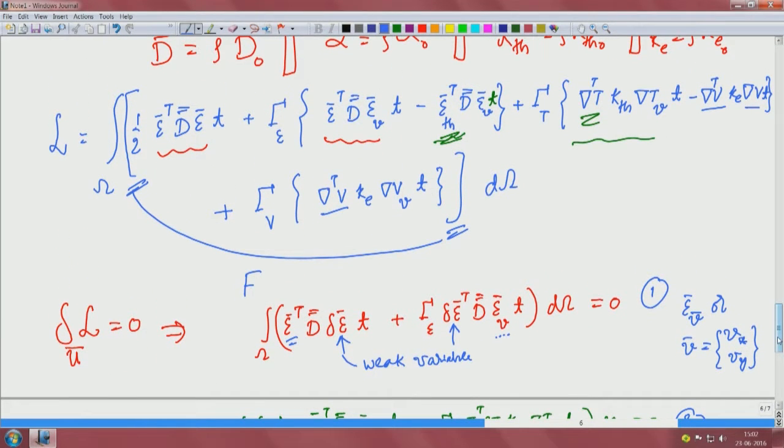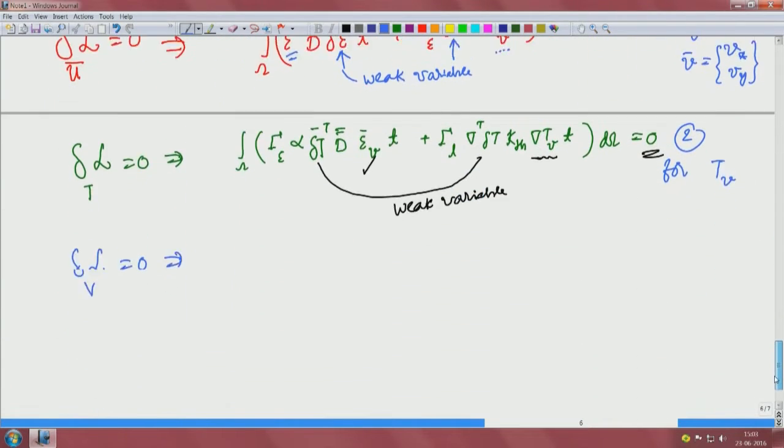So, the first one, we have to scroll down the screen. Let us remember this is gamma t times minus del transpose del v Ke del v, that will be a quadratic term. So, there will be 2 times this, okay.